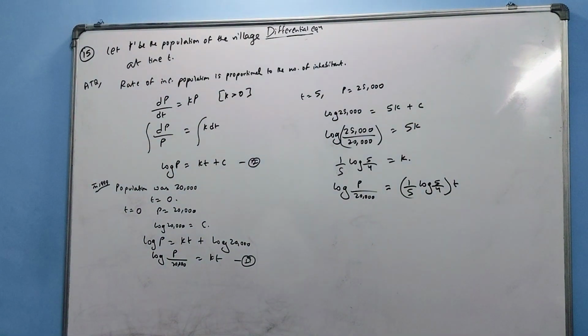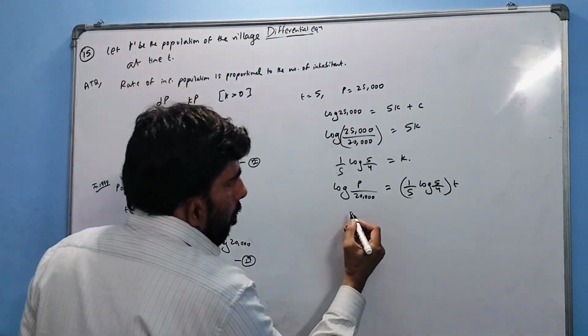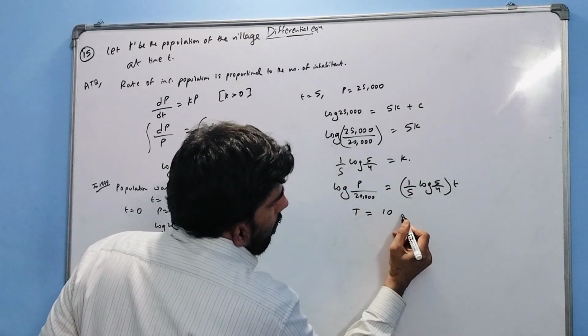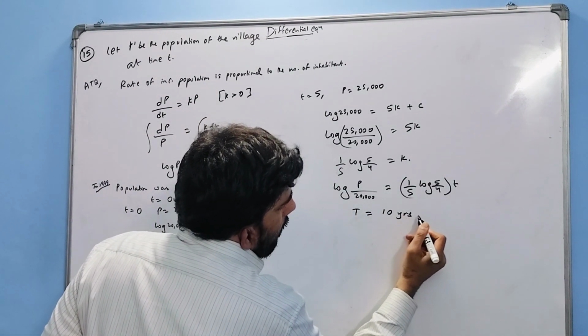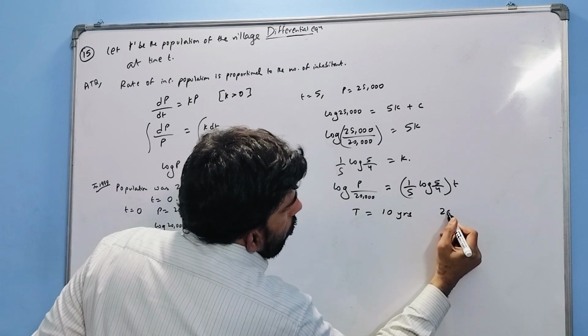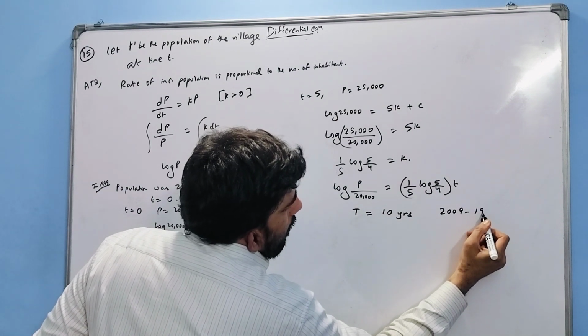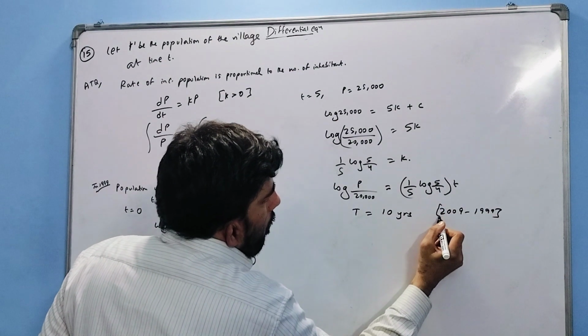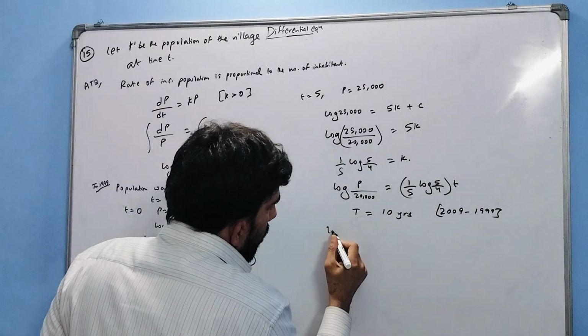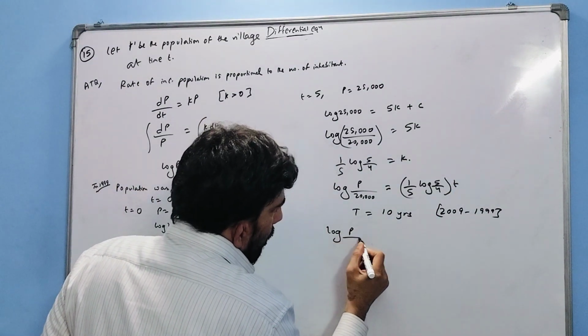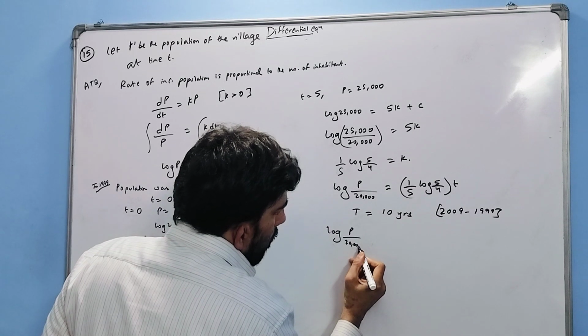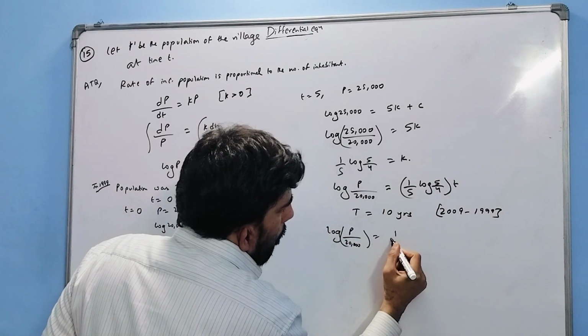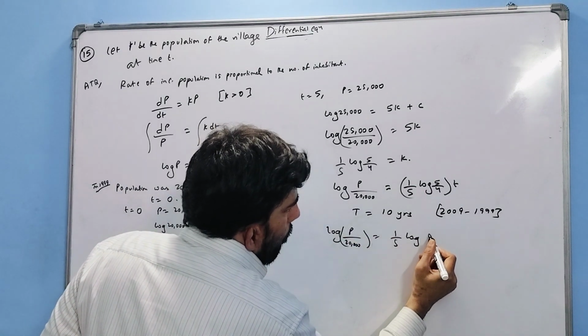Now we'll solve when we take t as 10 years. Now we need to calculate 10 years, that is from 1999 to 2009. Okay, so now we'll put the value of t here. So we have log of P upon 20,000 is equal to 1 upon 5 log of 5 upon 4 into 10. So we have 2.